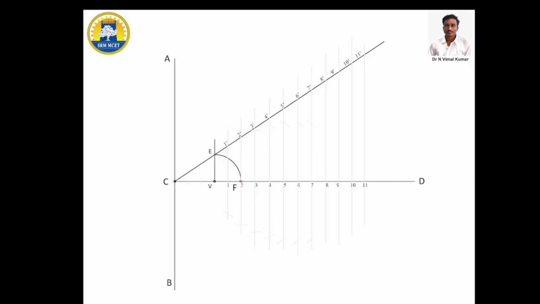Similarly you can measure each point 5 dash, 6 dash, 7 dash, the up and down values also, the down arc at the particular point. For example 11, you should make an ellipse curvature. Initially the curvature increases, afterwards the curvature decreases.